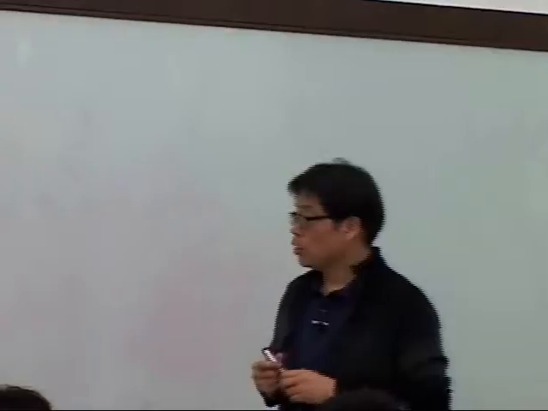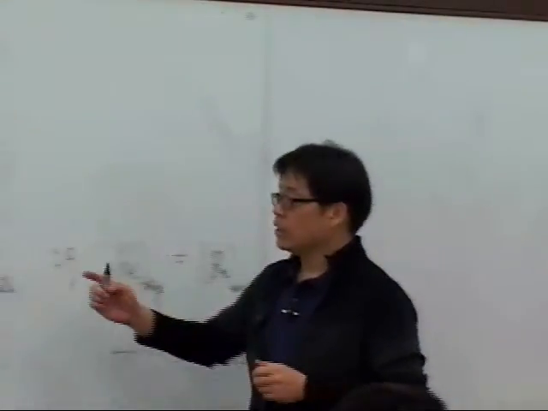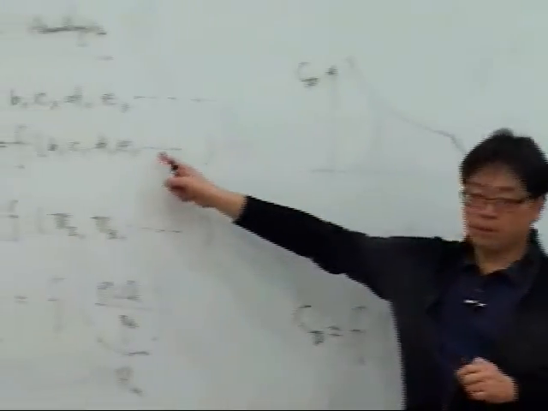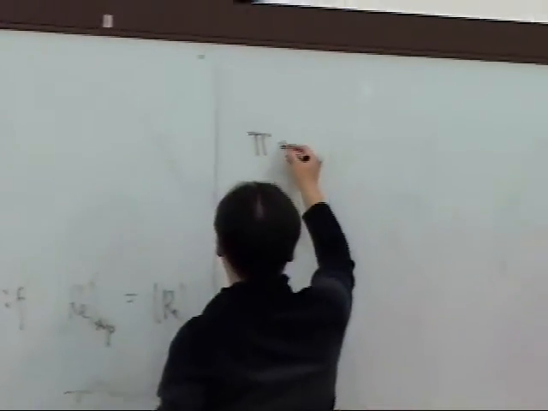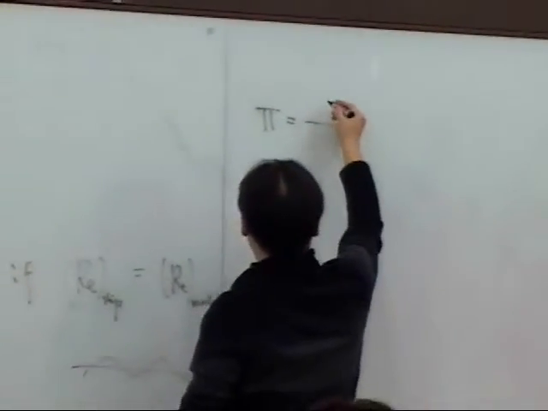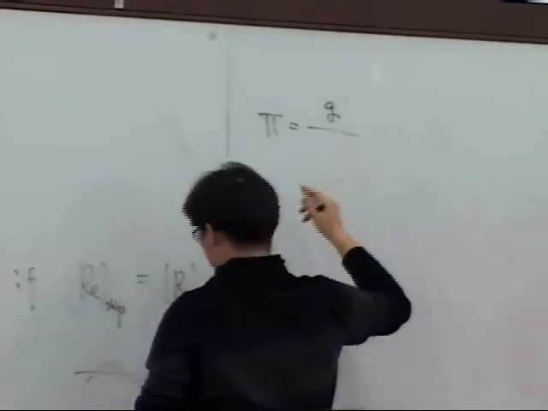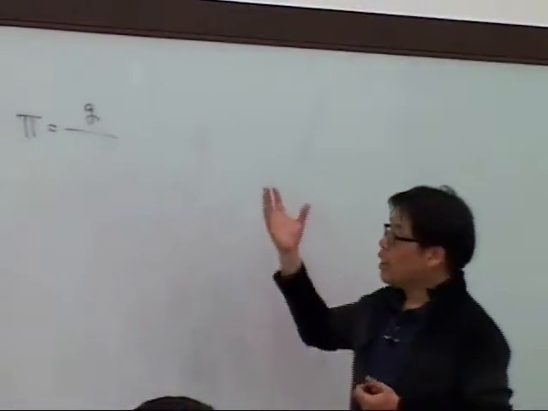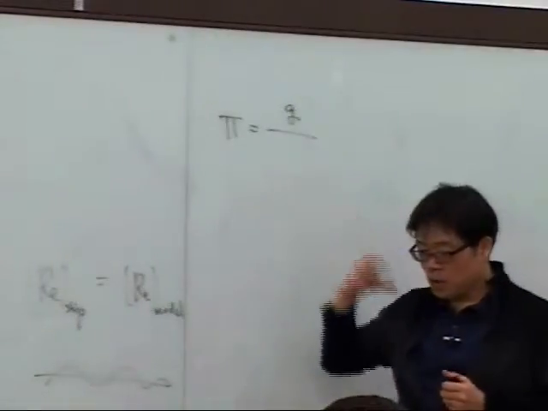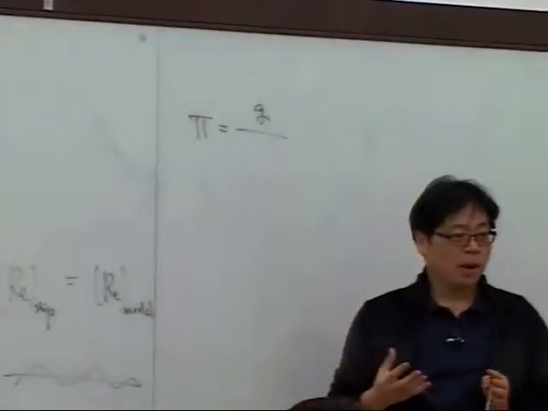So there is another physical parameter, which is g. Another pi term would be g divided by some combination of repeating variables. I don't know if you still remember that. This is how we construct pi terms.